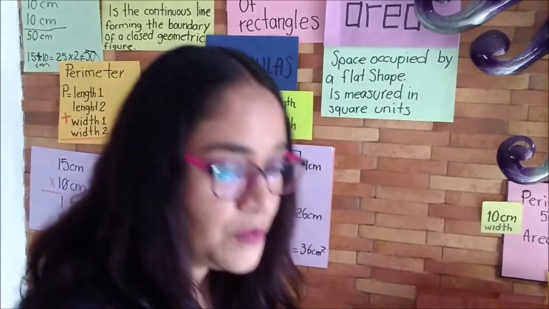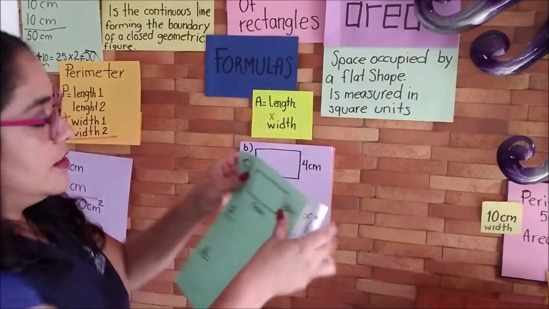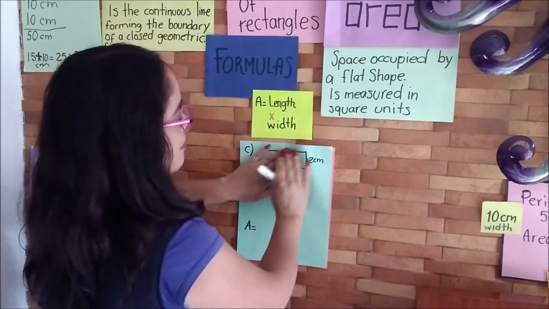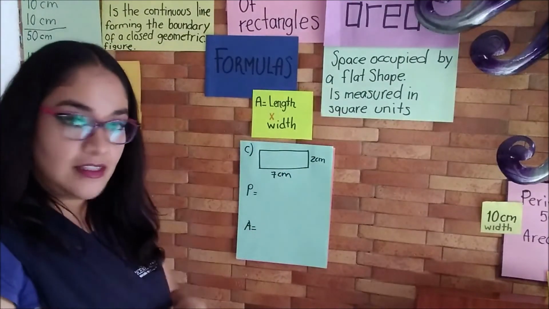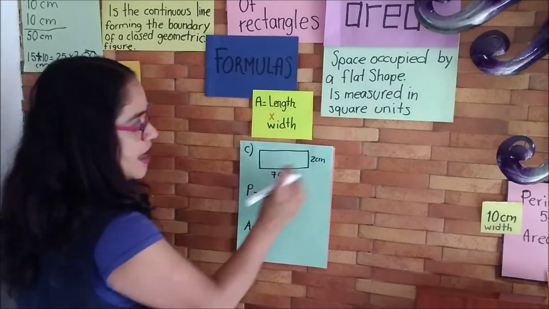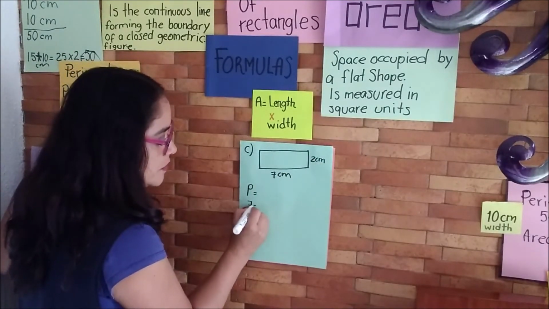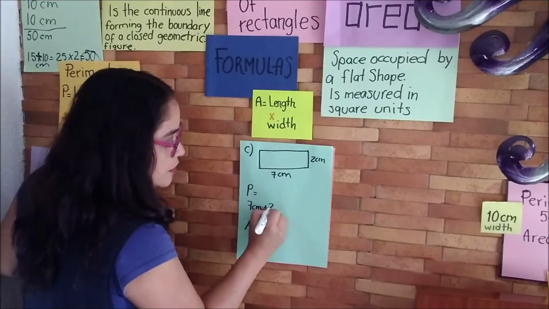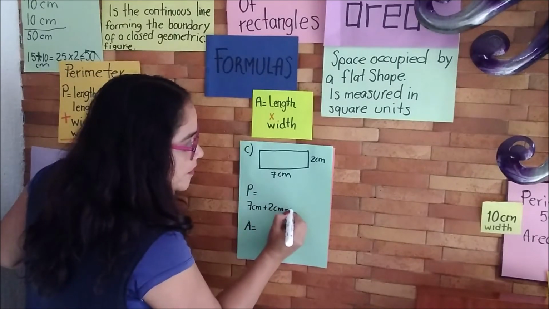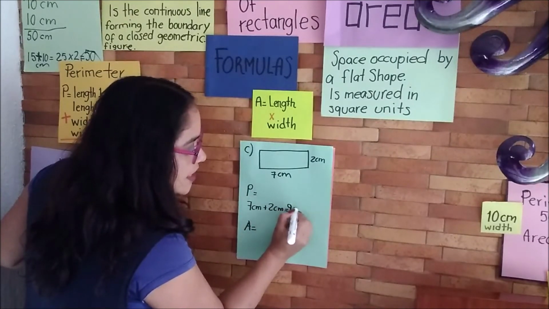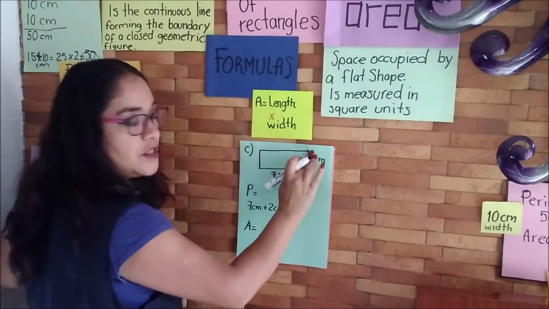Let's continue with the exercise. See, this little guy measures 2 centimeters width and 7 centimeters length. So we can add 7 plus 2 plus 2 centimeters equals 9, times 2, because we have the same measure from here to here.